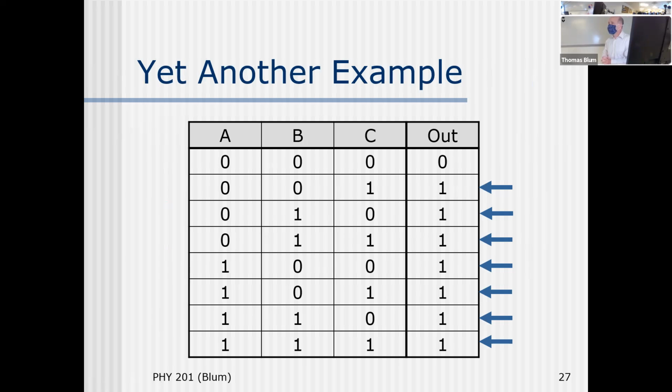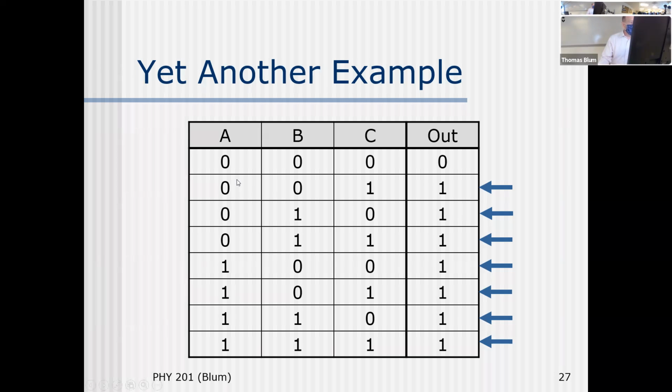All right. Here's what I call yet another example. So the first row was 0 and all the other rows were 1. So can I write this expression? Yes, I can. I can write any truth table as a sum of products.